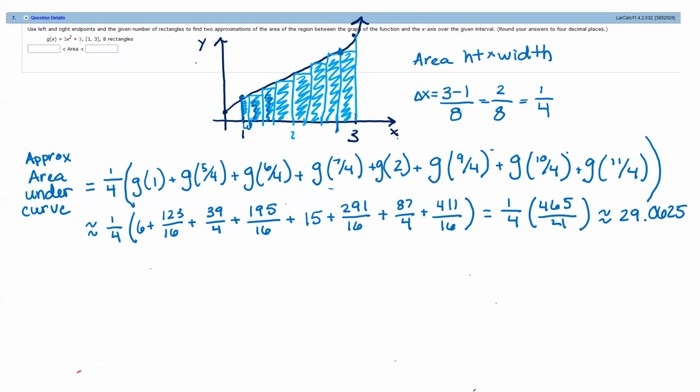So the right endpoint's the area above the curve. With that, I have this rectangle. Again, we still already have it split up. Our width is going to be the same for each of these, but we're going to start off with the right endpoints. So I have this rectangle, and this one, and this one.